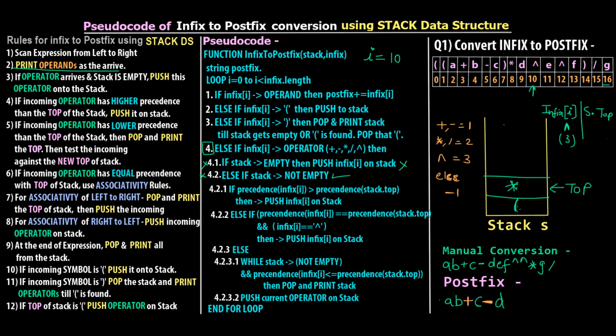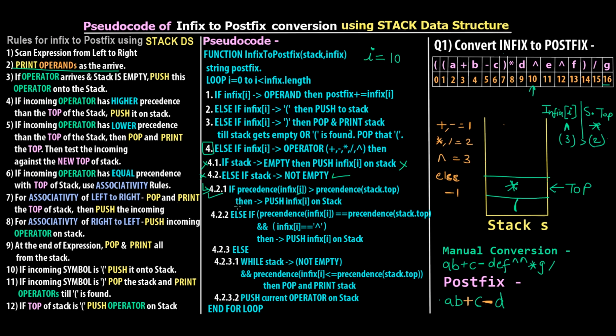Stack is not empty. Obviously you can see stack is not empty. So 4.2.1, what is this? If precedence of infix of I, that is if precedence of raise to operator, which is 3, is greater than precedence of stack of top. What is stack of top? Star. What is its precedence? 2. Is 3 greater than 2? Yes. So 4.2.1 will be executed.